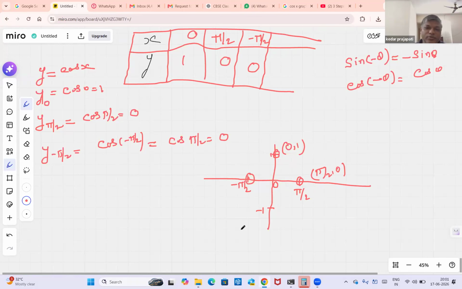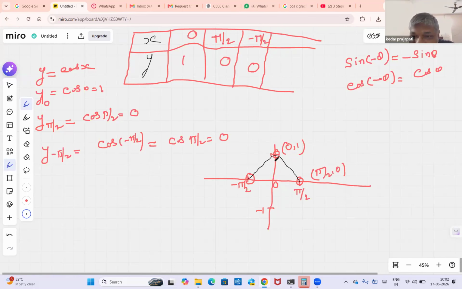Now if you draw the graph, how will it go? It will go like this. Connect these. This is going like this and like this. So this is one full cycle.